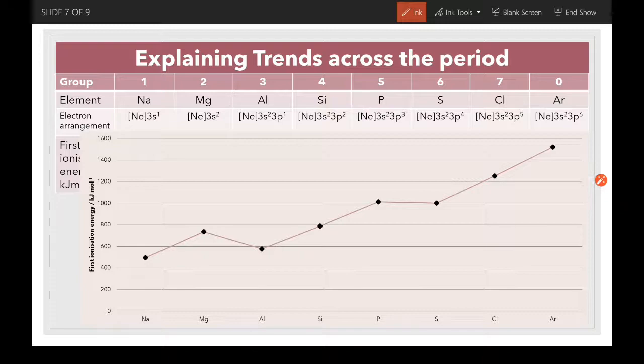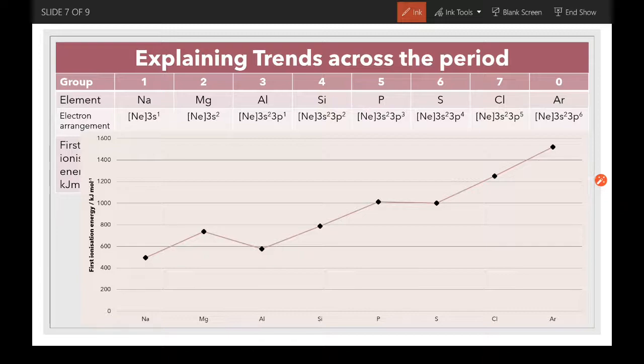So those outer electrons are being held more tightly. They're being pulled in closer and held tightly by the increasing nuclear charge, the number of protons in the nucleus. Okay, so that's the explanation for the general trend.